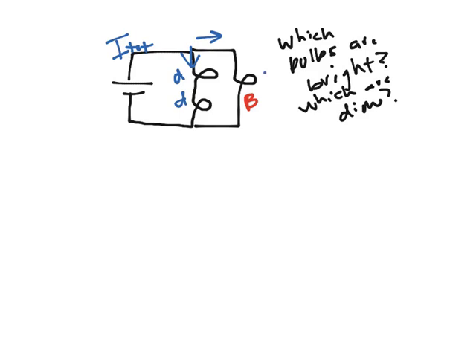There's only one resistor. That means more current will go this direction. And this one, whatever voltage we have, it gets the whole voltage. Each one of these only gets half the voltage. So this is definitely the brightest one.